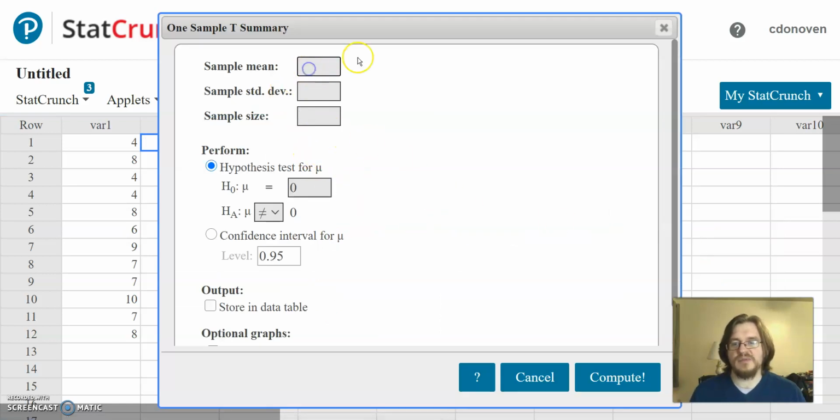So we can do this with summary. So our sample mean was 98.2. The sample standard deviation was 0.62, and our sample size was 106. The hypotheses were that the mean was equal to 98.6, and our alternative hypothesis was that the mean is not equal to 98.6.